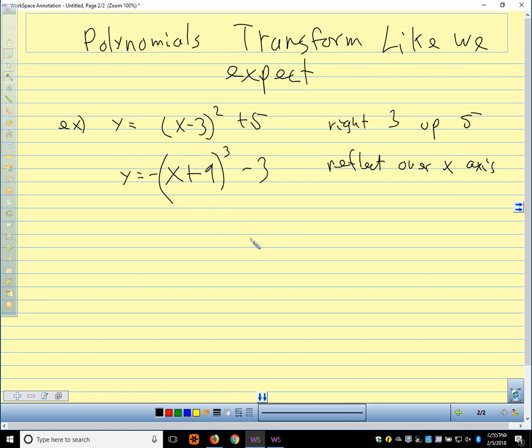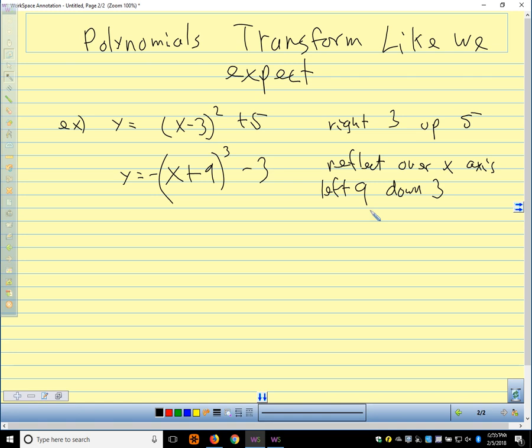And then what else is going to happen to it? Down 3. Left 9. So this is what I mean by polynomials transform just like we expect. All the rules that you've talked about for transformations of functions in the past apply to polynomials. So they transform just like we expect.